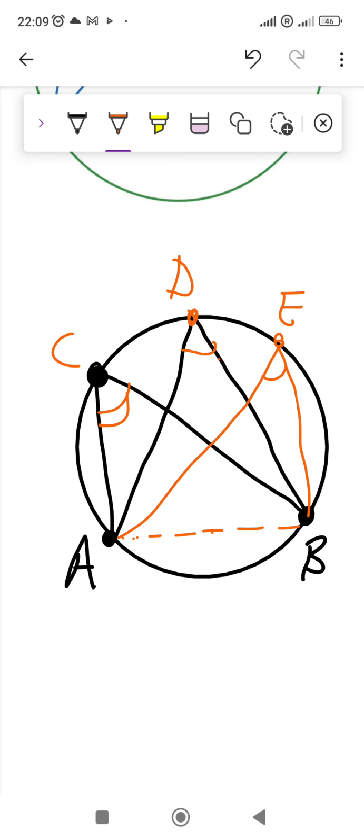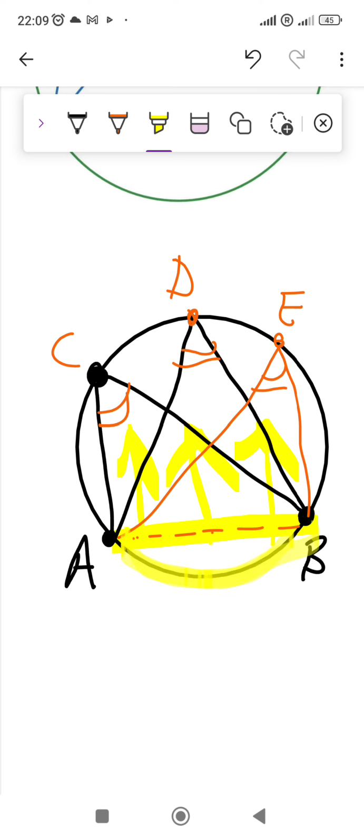So C, D, E are all the same because all of them came from this AB that subtended different angles, right? Notice that all the angles C, D, E were all on that side of our chord AB. I didn't take anything on the other side of our chord. Okay, great. So that's how the theorem works.